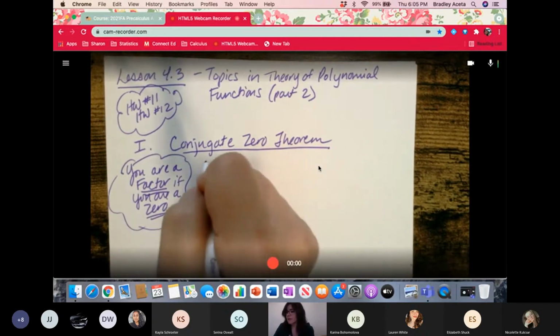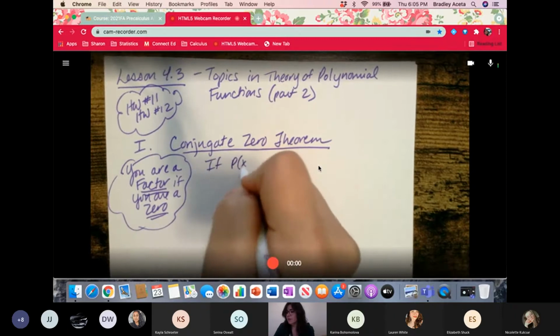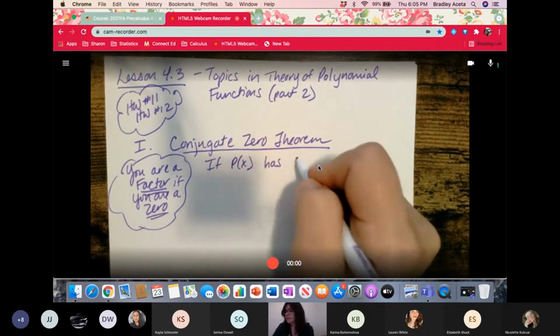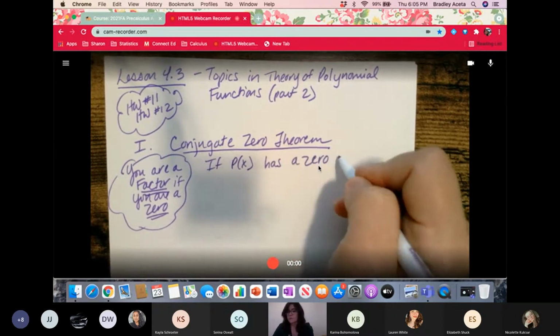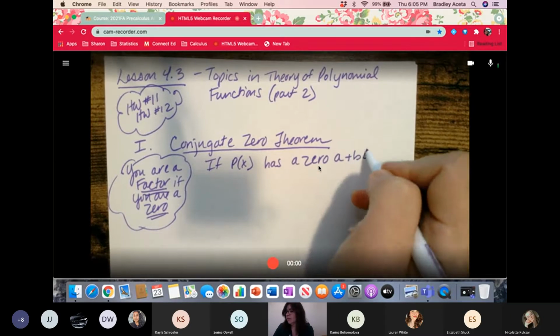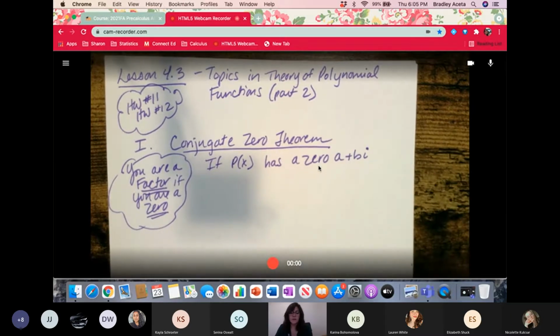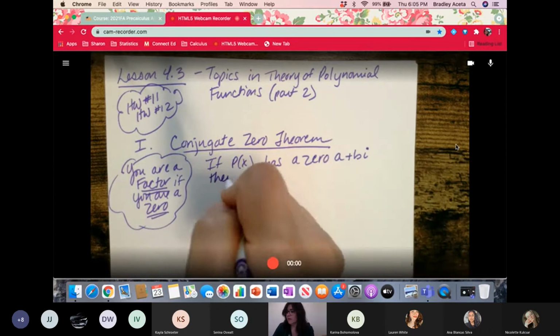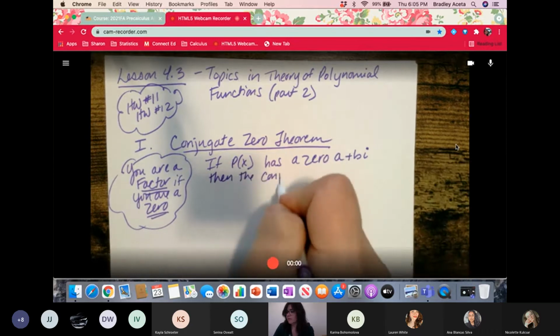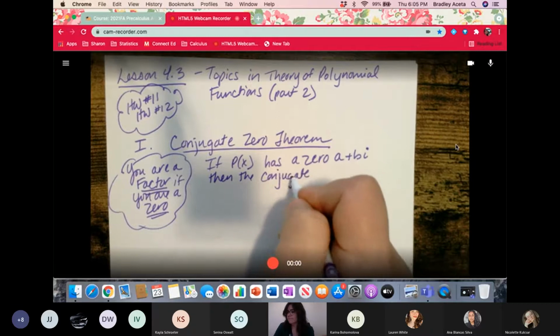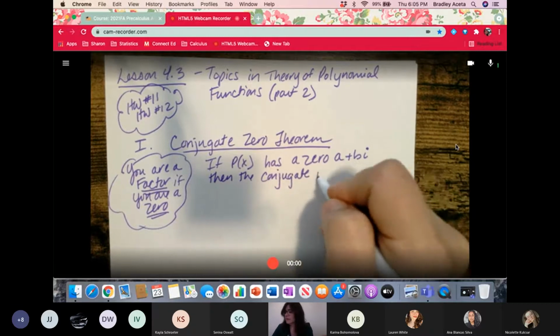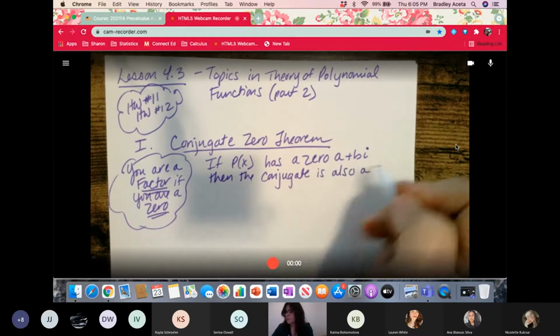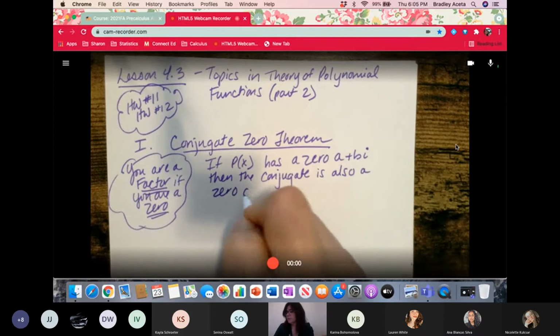All right, so it says if polynomial p of x has a zero a plus bi, then the conjugate is also a zero of p of x.